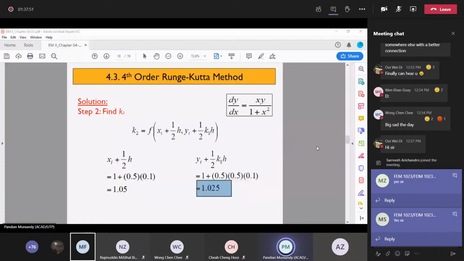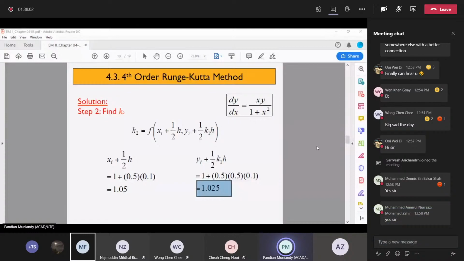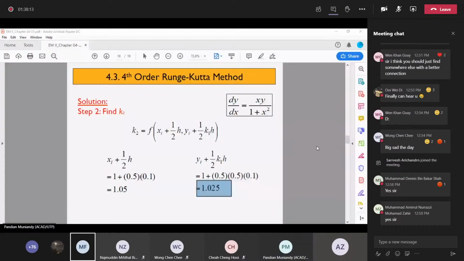So for K2, you are calculating f(1.05, 1.025). Using this formula, dy/dx, x multiplied by y over 1 plus x squared, 1.05 multiplied by 1.025, gives 0.518. Can you verify?